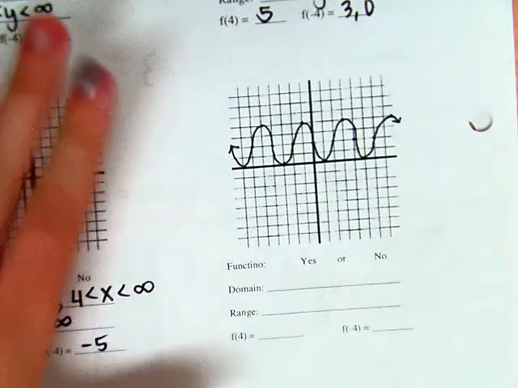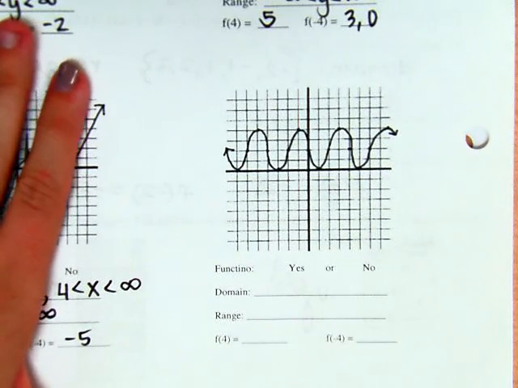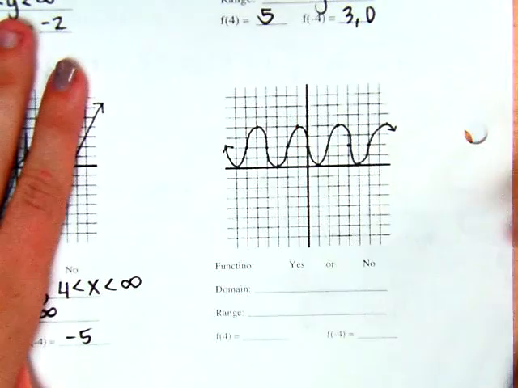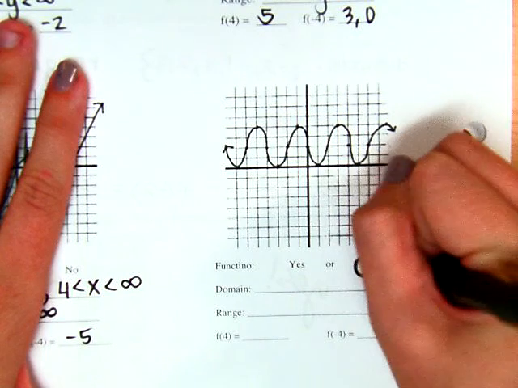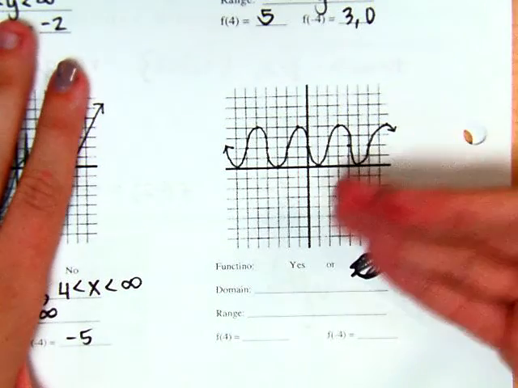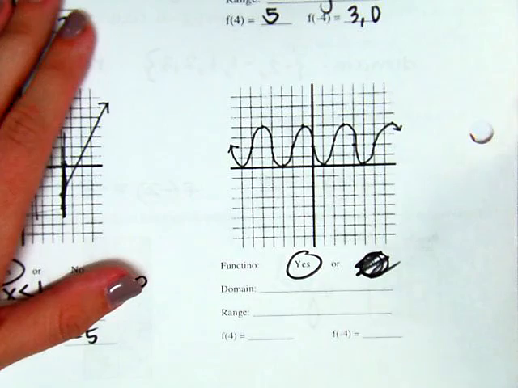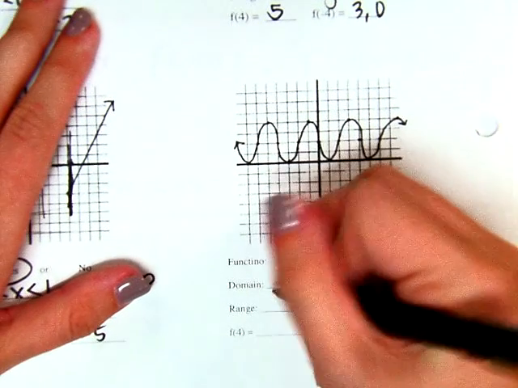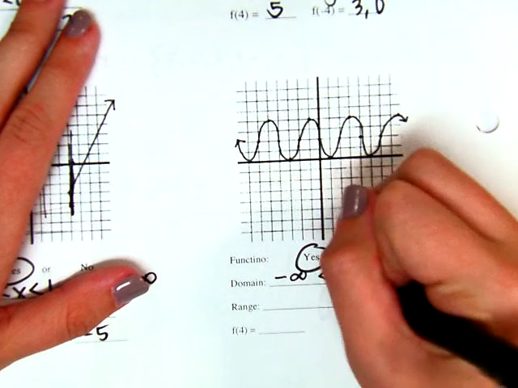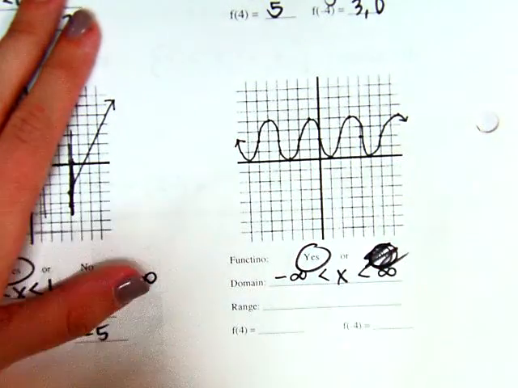Okay, one more. Is it a function? Vertical line test. Do you hit it more than once ever? No, you don't hit it more than once ever. So yes, it is a function. My bad. Domain. Looks like I don't have any gaps for x's, so negative infinity to positive infinity.